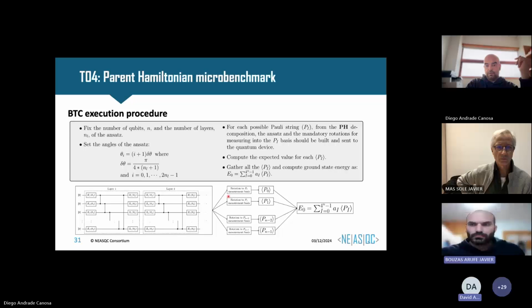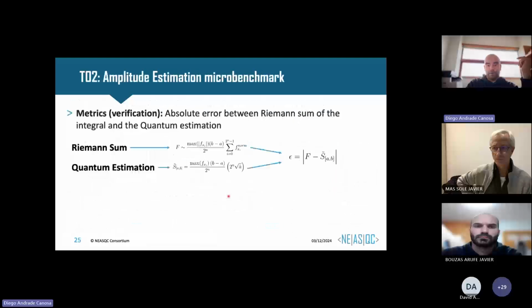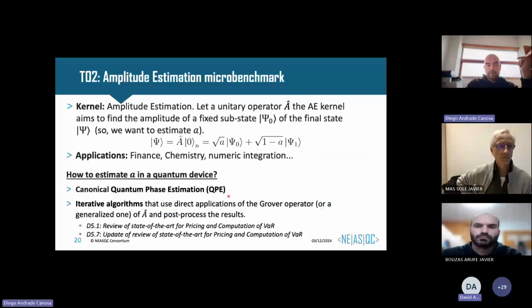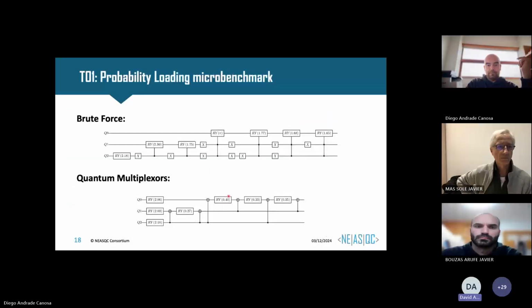But in the case of function loading, probability loading, yes. In that case, the depth of the circuits also depends on the width of the circuit. In this example, you cannot control the balance between the width and the depth.